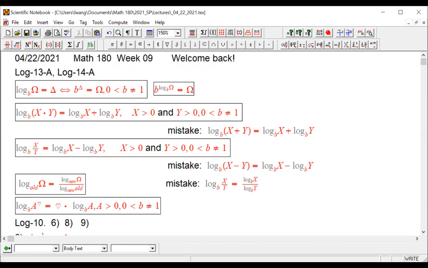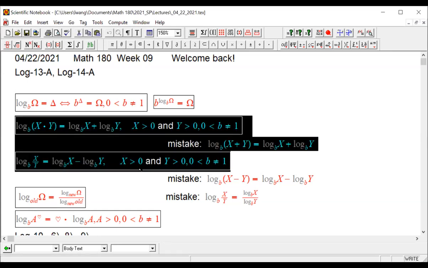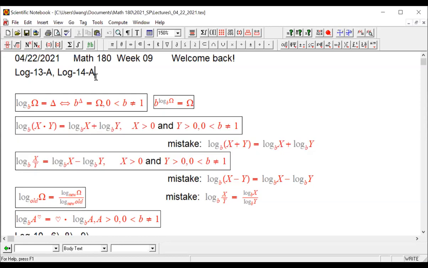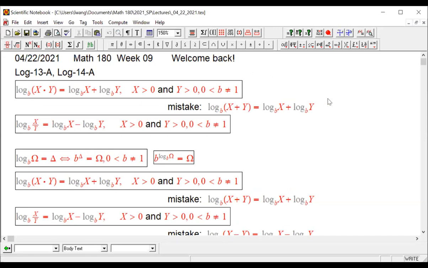So let's look at some examples. I'm going to do some exercises from 13a, and then pick some from 14a so you can see a comparison. They really just use the product rule and quotient rule.